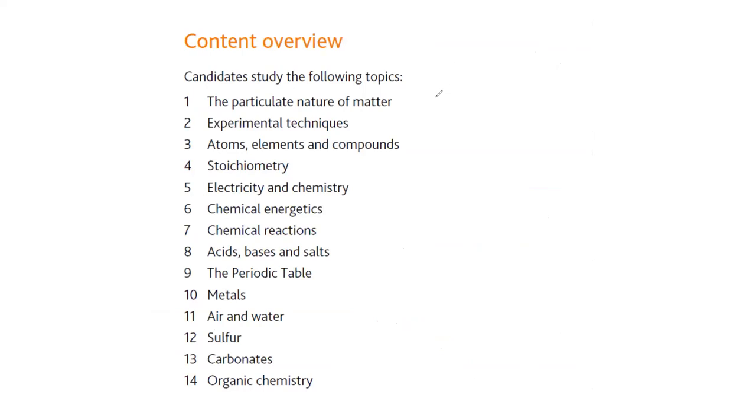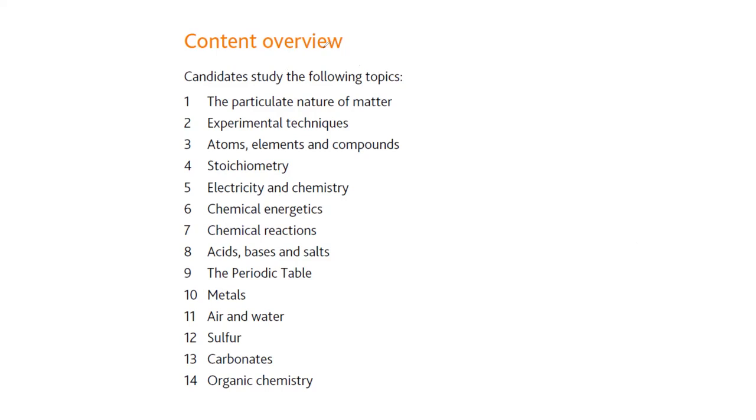So this is a content overview. Abdullah, you can select only paper 2, 4 and 6, not the other one. So you just have to select paper 2, paper 4 and paper 6.